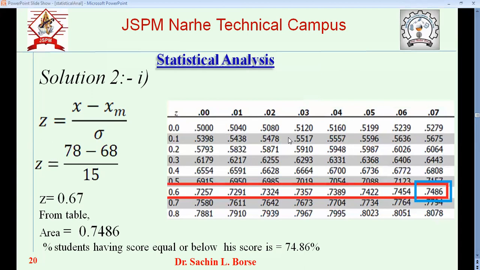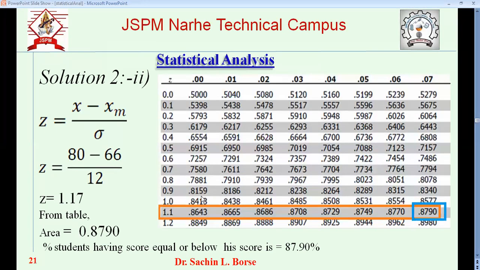Earlier he got 78 marks, and now he got 80 marks. Earlier his percentile was 75%, now he's in 87%.